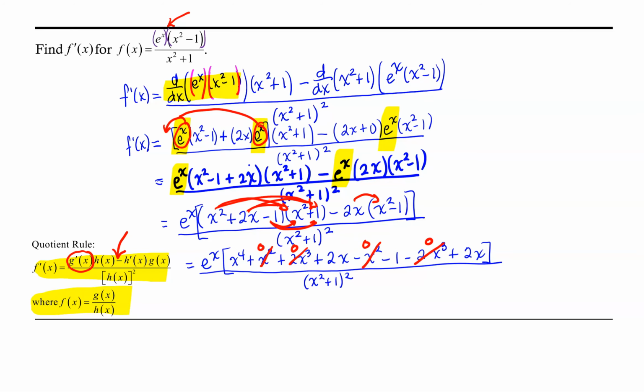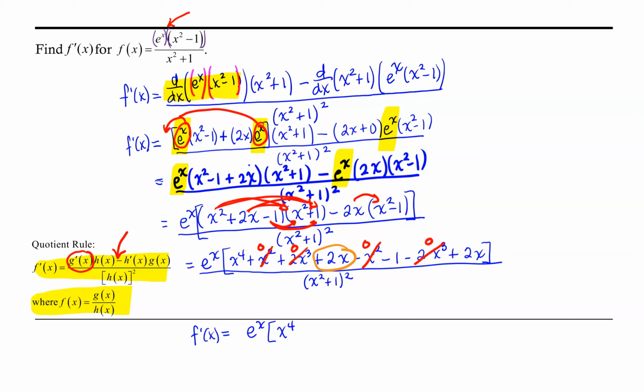And so it appears that what we're left with is that f prime of x is equal to e to the x times x to the 4th. Now notice we have no x cubed terms, they've added to 0. We have no x squared terms, they've added to 0.